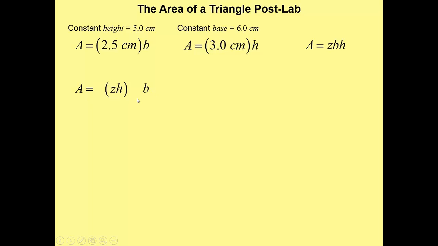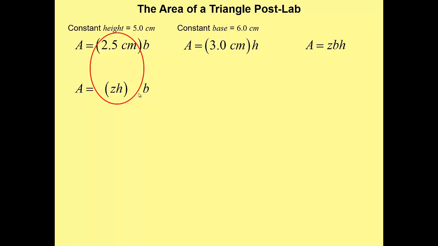Now compare these two. Here's our y variable, the area. Here's our x variable, the base. Here's our 0 y-intercepts in both cases. So for this general math model to actually be our specific math model, do you see where our slope that we got in the lab has to be z times the height?